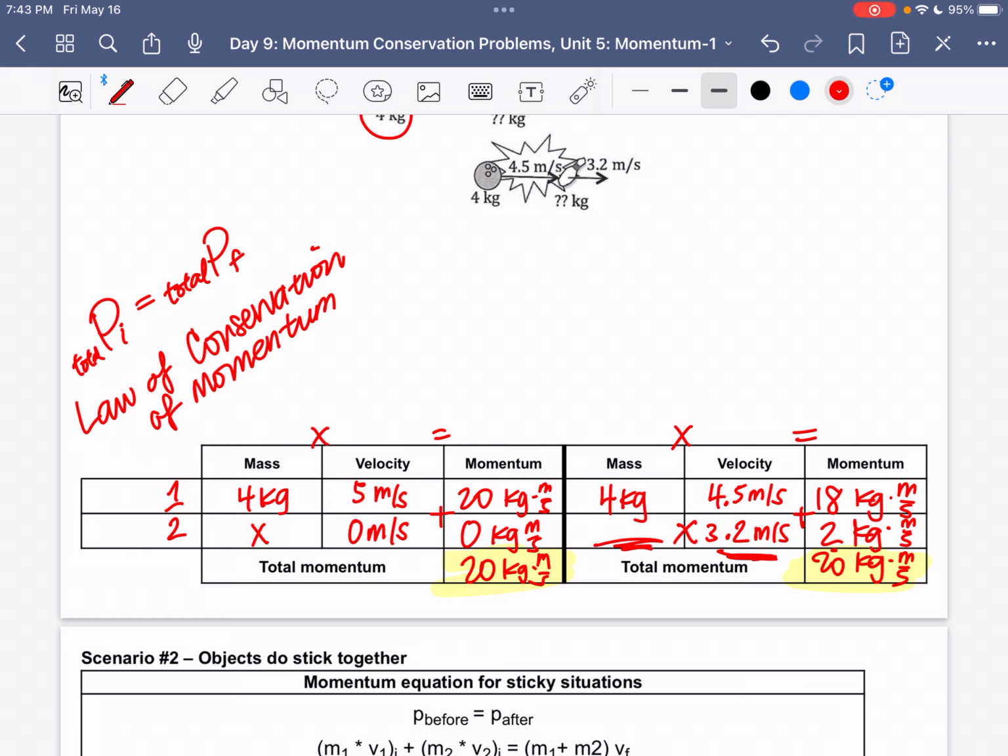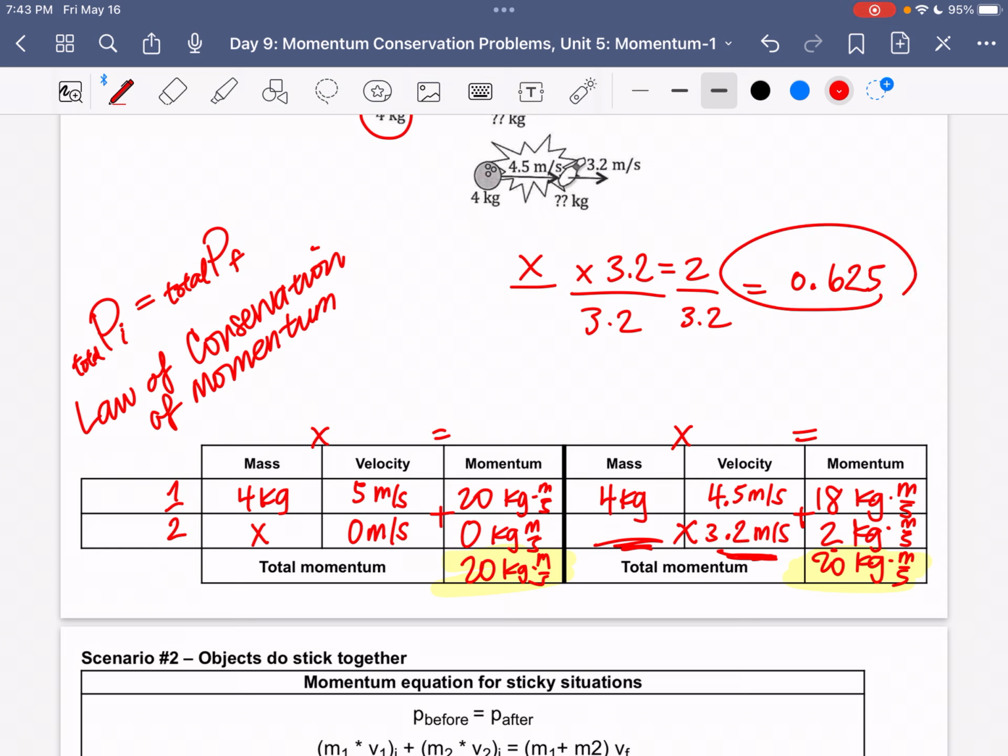So basically, if we know that blank times 3.2 is equal to 2, we can get x by itself by dividing by 3.2 on both sides, right? So 2 divided by 3.2 will give us 0.625, and that will be your mass.